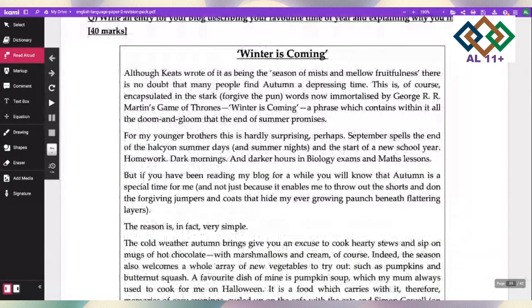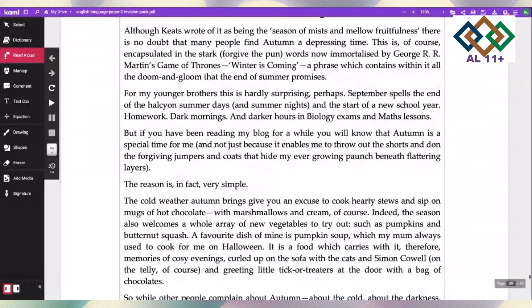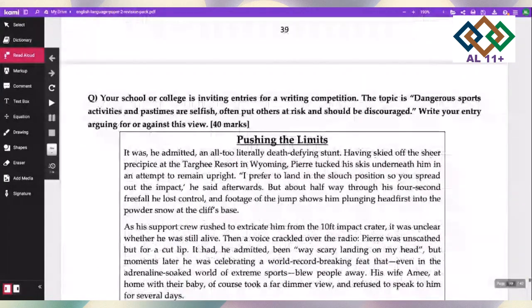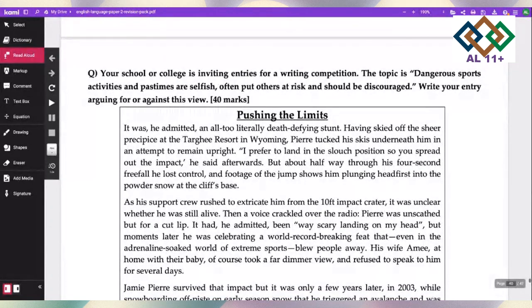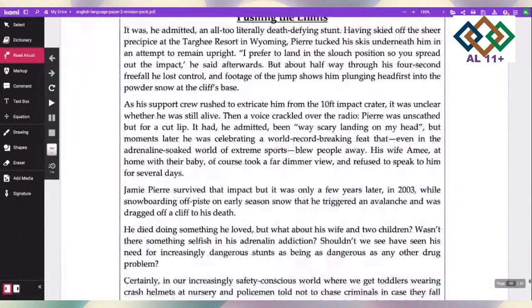Another one is, your school or your college is inviting entries for a writing competition. The topic is: dangerous activities and pastimes are selfish, often put others at risk, and should be discouraged. Write your entry. So you have to stick to the topic.